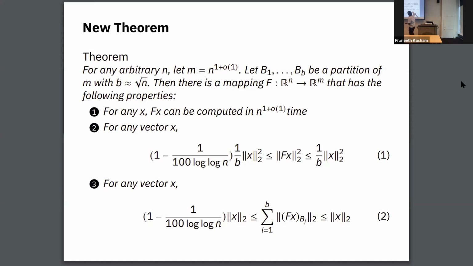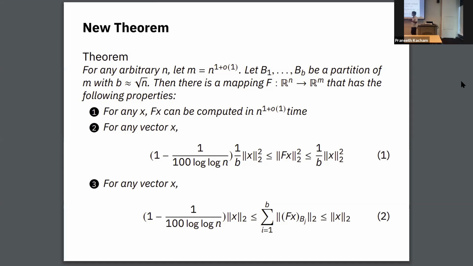Okay. Then the index embedding gives the following result. There is a mapping f that takes vectors from R to the n and gives vectors in R to the m, and a partitioning of the m coordinates, such that this embedding can be computed quickly, that is, in n to the 1 plus little o of 1 time. Think of it as n log n. For any vector x, the squared Euclidean norm of fx is like 1 over square root n times the squared Euclidean norm of x.